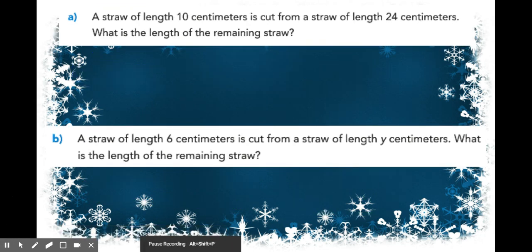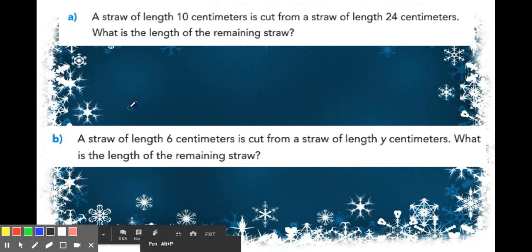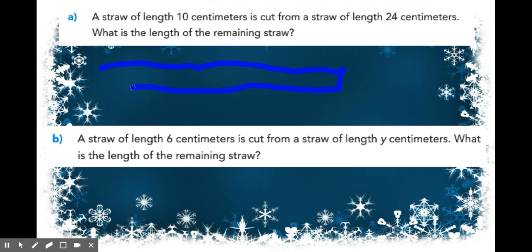Okay, let's take a look at a couple more examples. A straw length of 10 centimeters is cut from a straw length of 24 centimeters. What is the length of the remaining straw? So I know I started off with a length of 24 centimeters. So this whole thing was 24 centimeters.